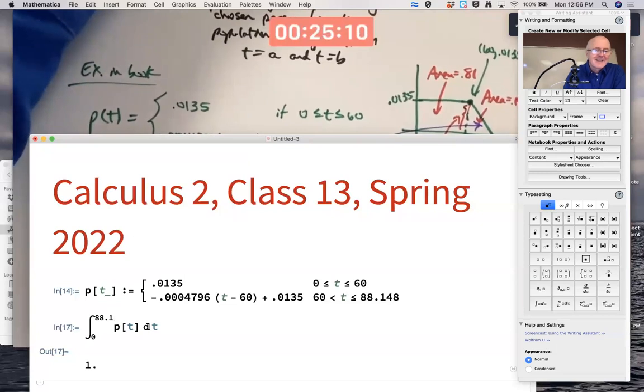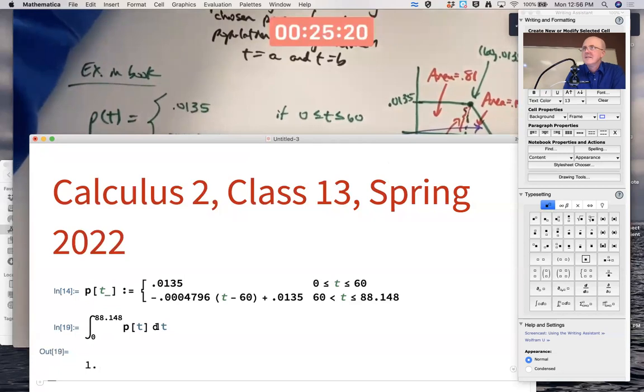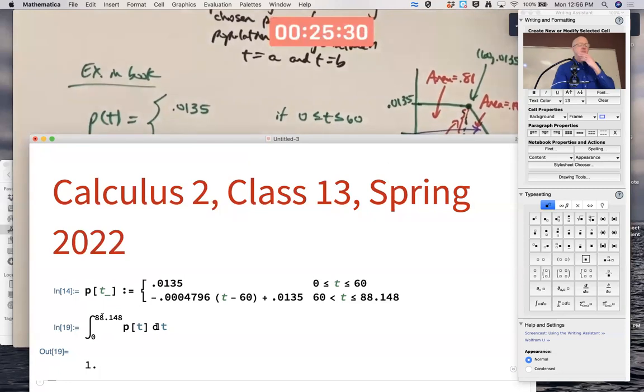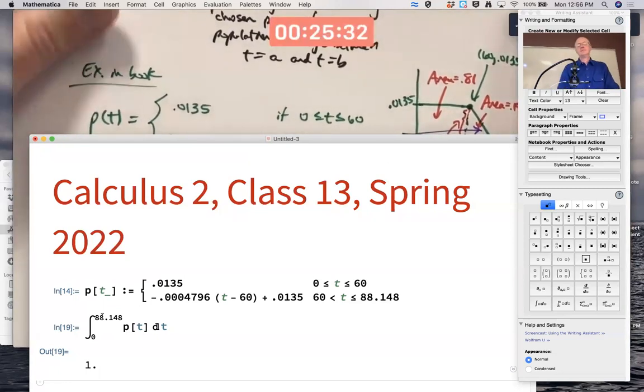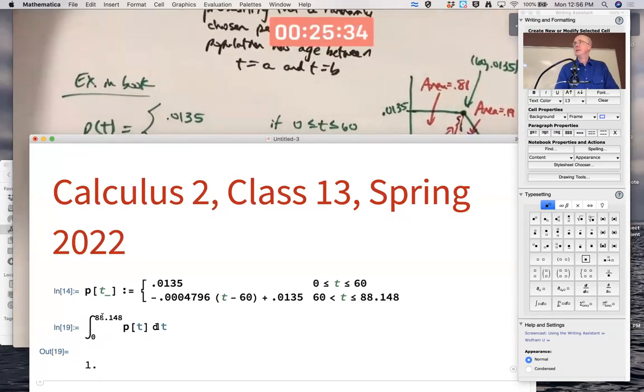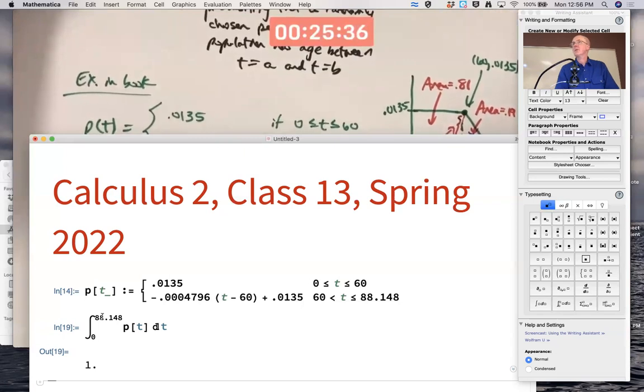Oh, I'm surprised. Okay, there it's rounding, not as close to 1. If it were an exact form with fractions and not decimal approximations, it would be exactly 1. That's a property that PDFs have to have. They have to integrate to 1.